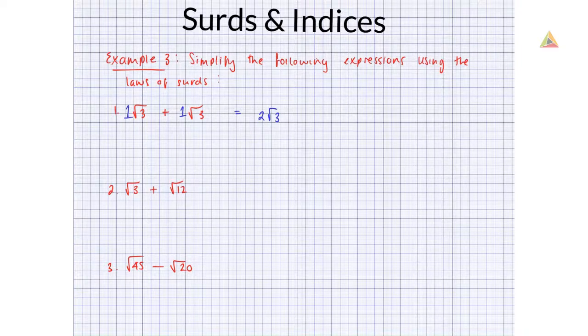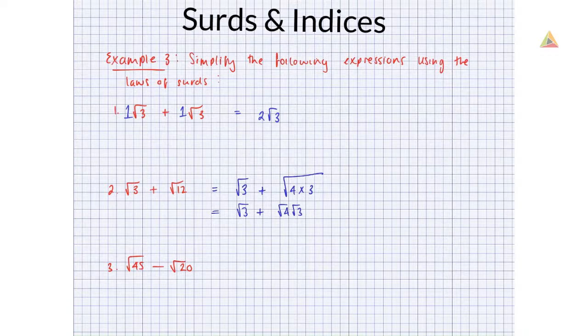So we've root 3 plus root 12. Let's try and break this down a little bit. Root 3 we have to leave. Can we put root 12 in another format? Well, we can put it as root 4 by 3, which will give you 12. So that's going to give us root 3 plus root 4 root 3.